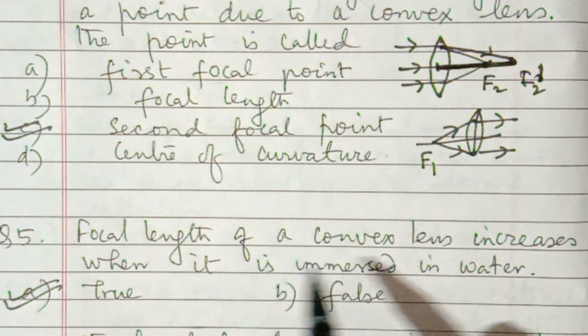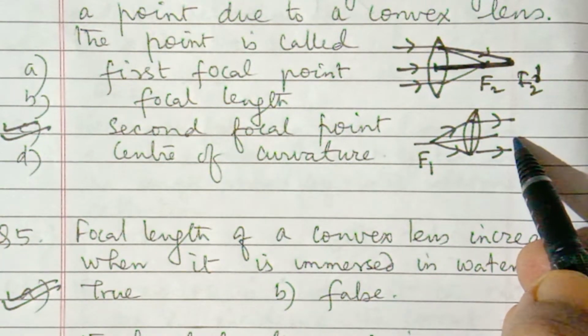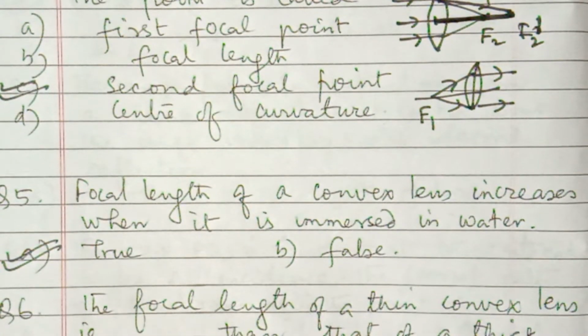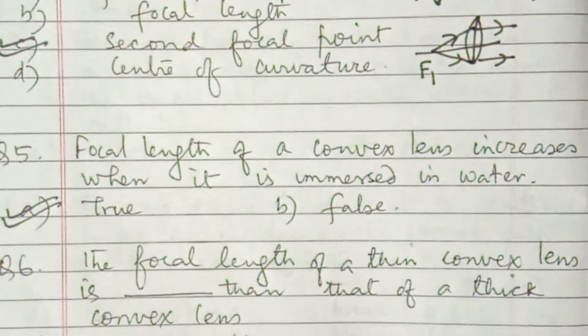So same is the case for concave also. Focal length increases when we immerse the lens in water or any other medium whose refractive index is more than that of air. Okay, the next question.